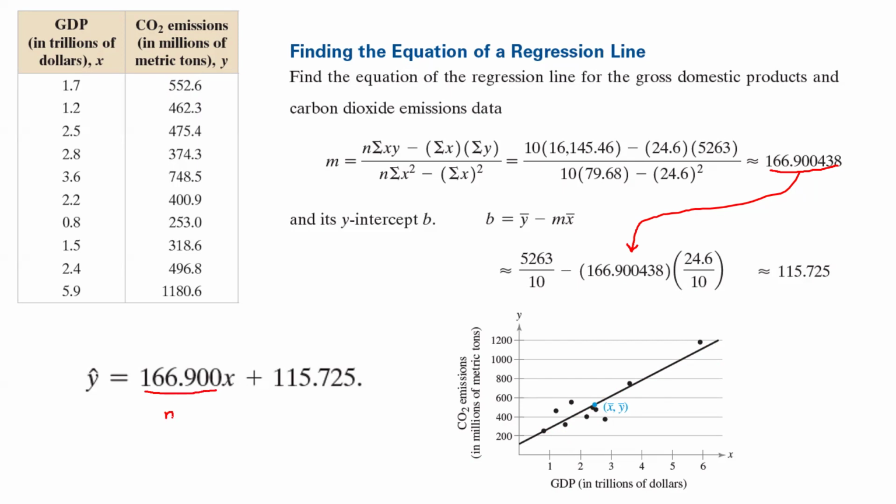This is the slope of the line plus the y-intercept, the value that the line crosses the y-axis. So that's how we calculate the equation of the regression line, y hat, and visualize this on the right-hand side.